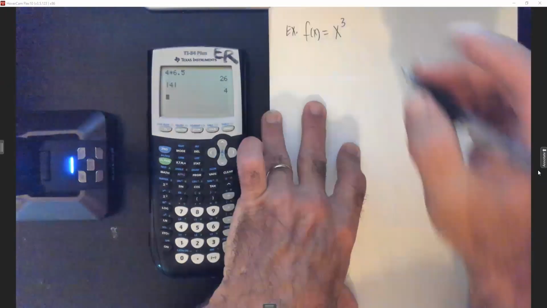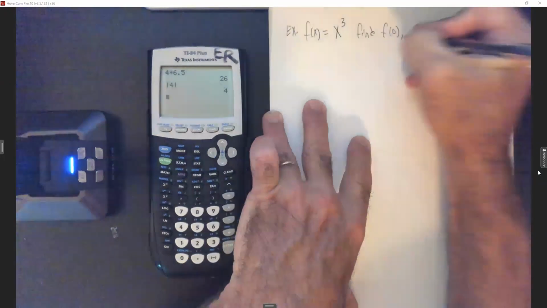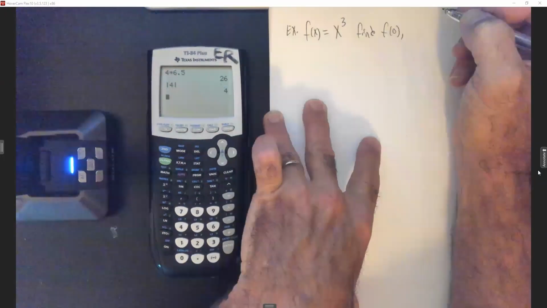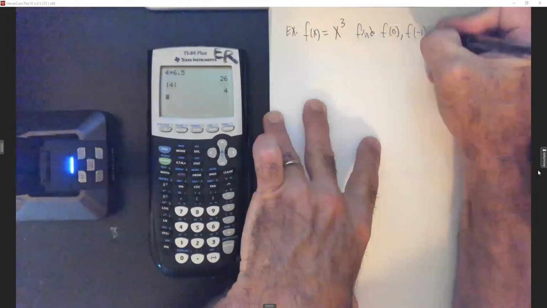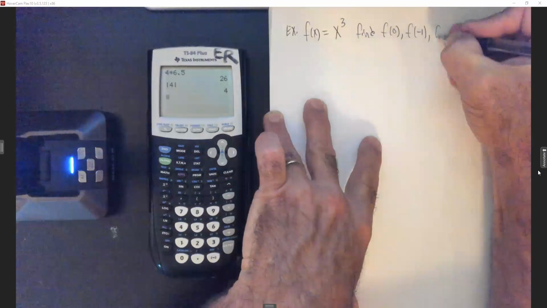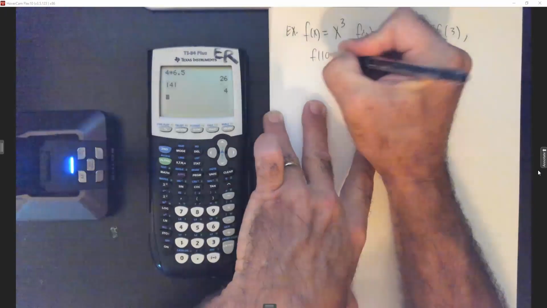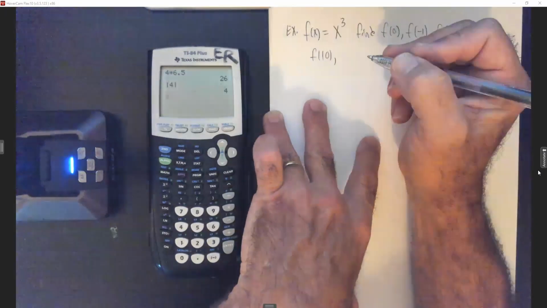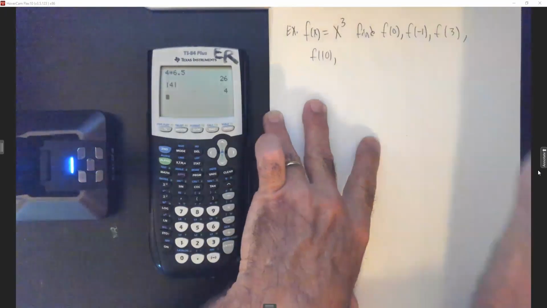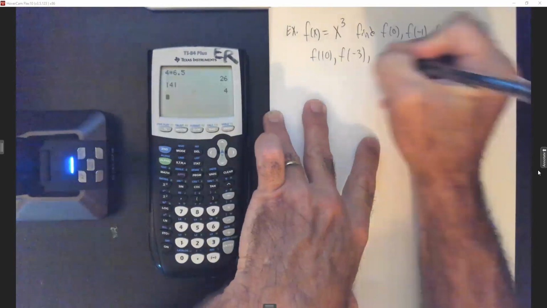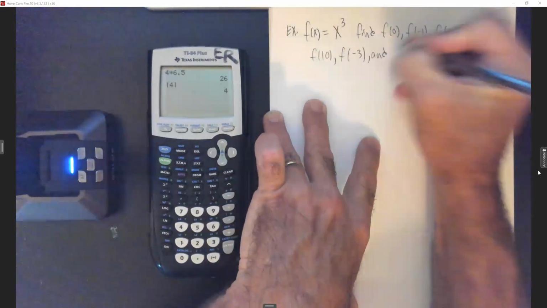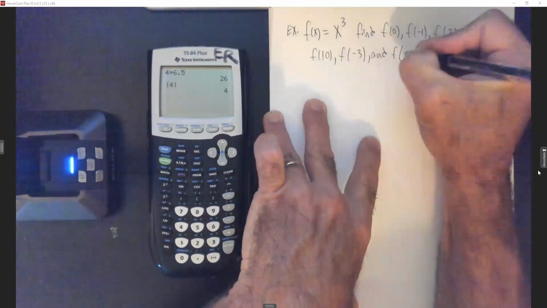We're going to find f of 0, f of negative 1, f of 3, f of 10, f of -3, and f of -5a.